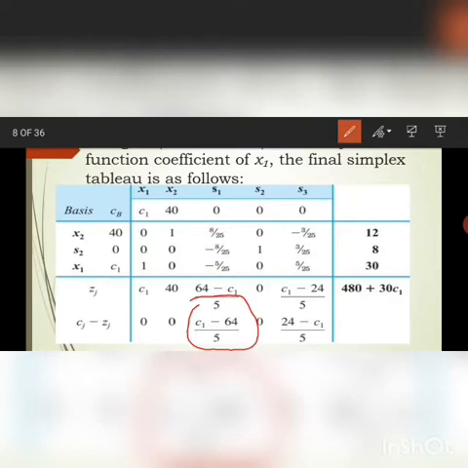And for s sub 3, we have 24 less c sub 1 over 5 is less than or equal to 0.